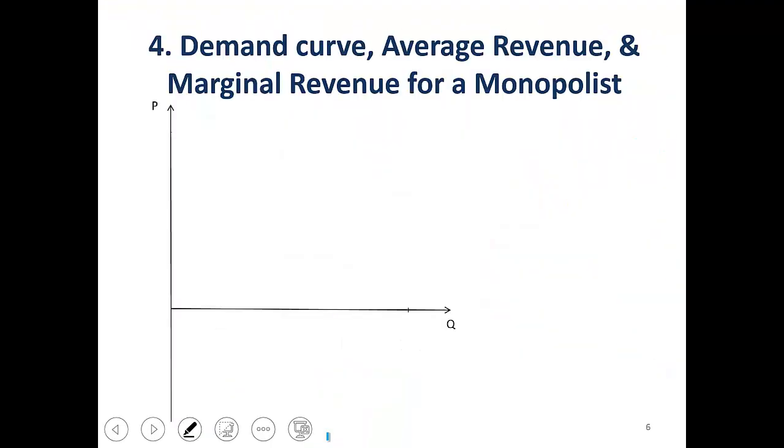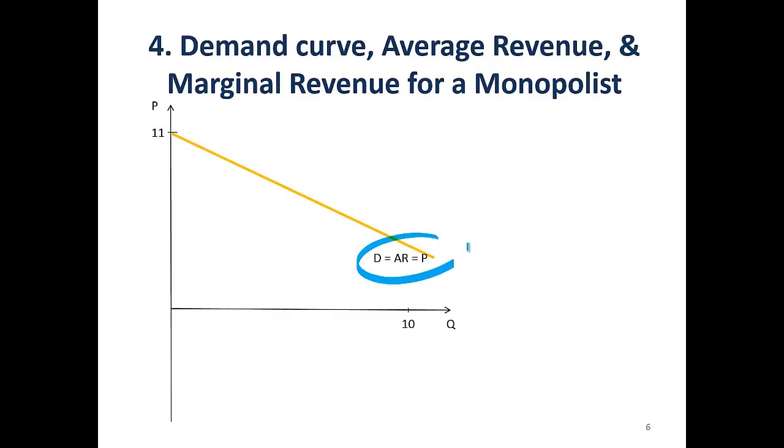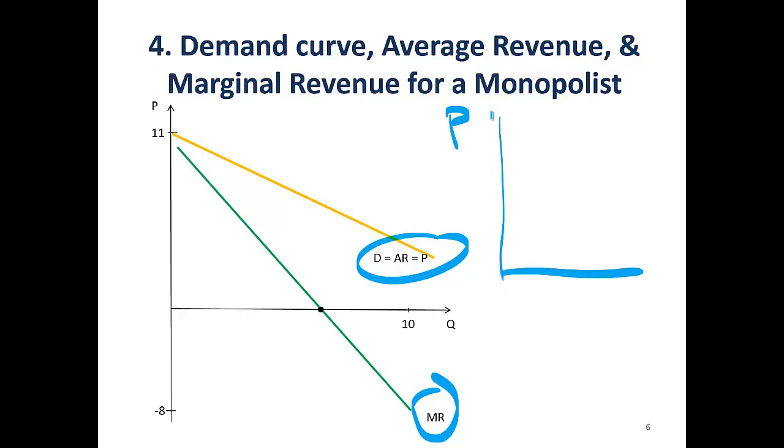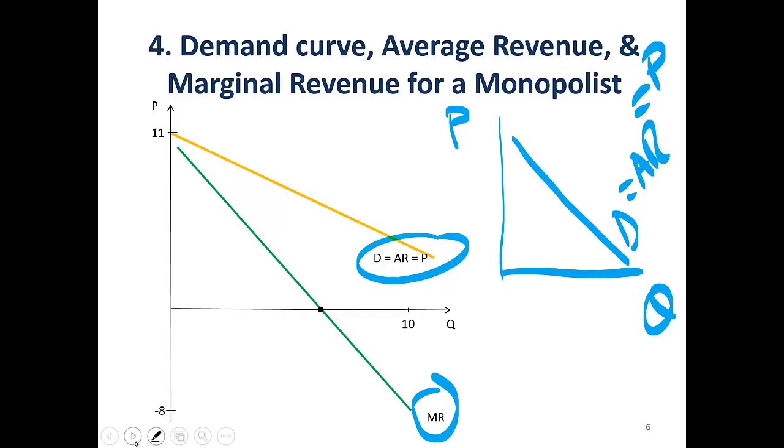Let's see this graphically. If you graph this, the demand curve, average revenue, and price will look like this. And the marginal revenue curve is always below the demand curve. Let me just generalize this. For a monopolist, you're going to have a downward sloping demand curve, which is equal to average revenue, which is also equal to your price. Your marginal revenue curve starts like this.